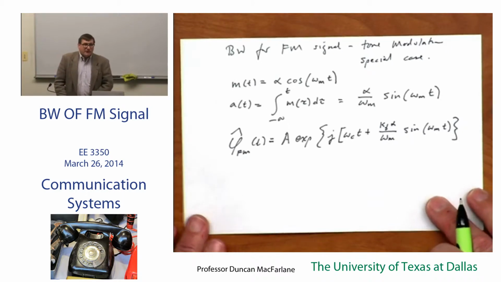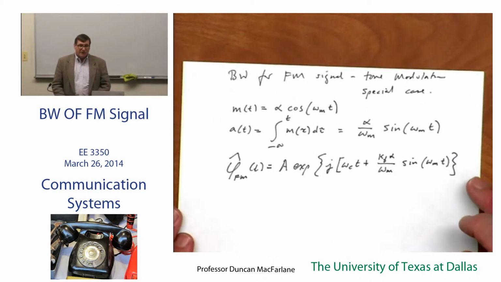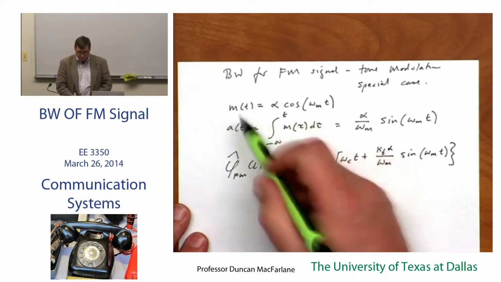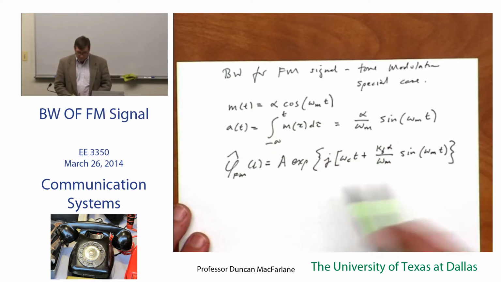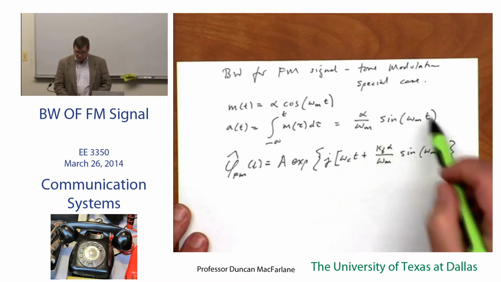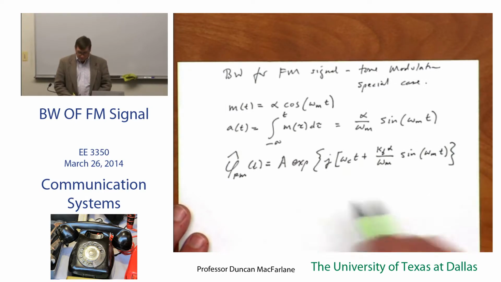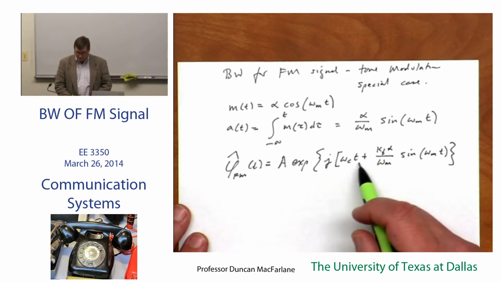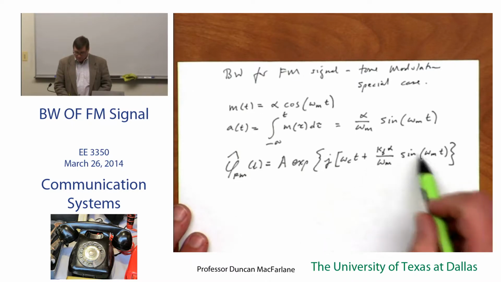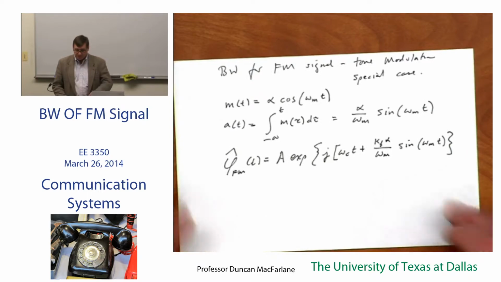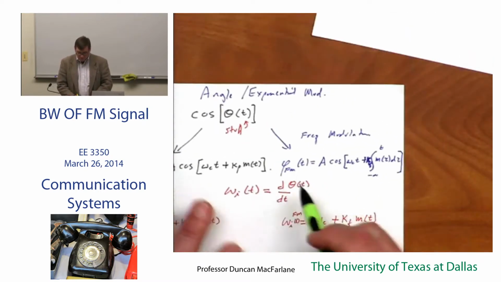And if you remember what we were doing last time, we wrote down what the FM signal was in terms of this a of t, in terms of the integral of the message signal. And so now we have a very simple message signal. We can go ahead and put this in. And so this is my A cosine of omega ct plus kf times my phase term, the integral of the m of t. Okay?